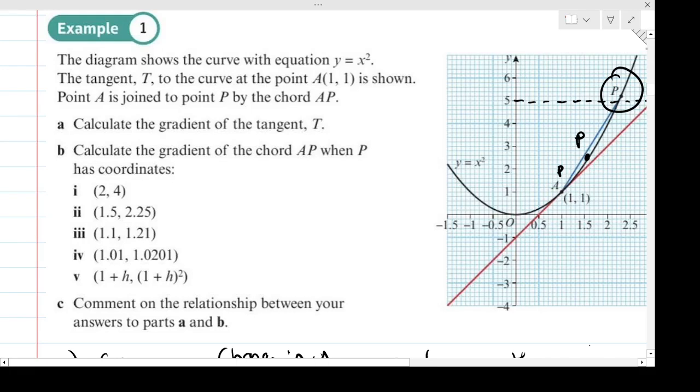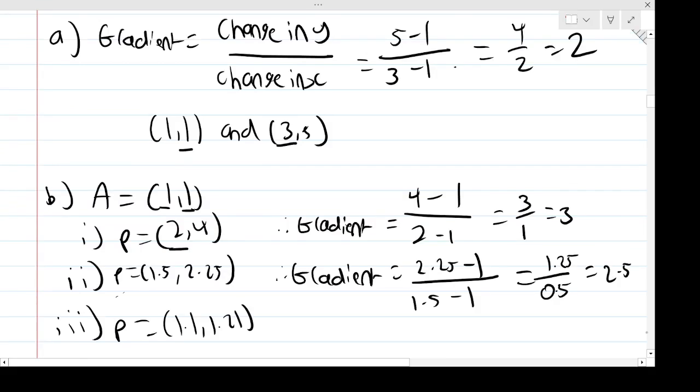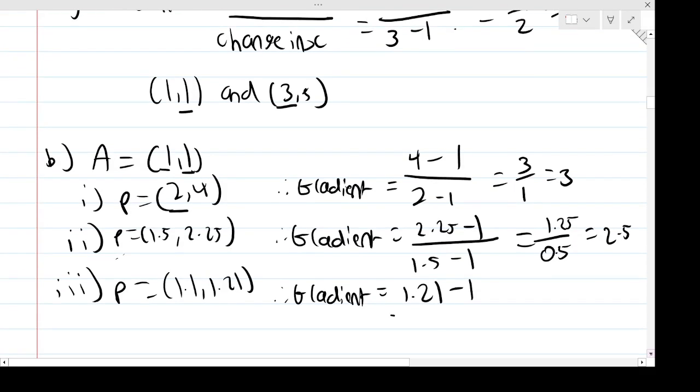So we're getting very much closer to A. So the gradient between A and P: changing y, y is 1.21, take away 1, over changing x, which would be 1.1 minus 1.